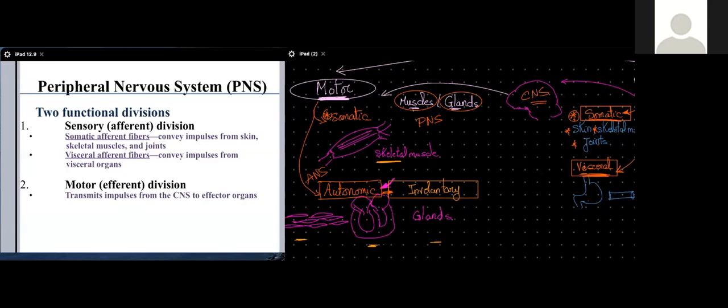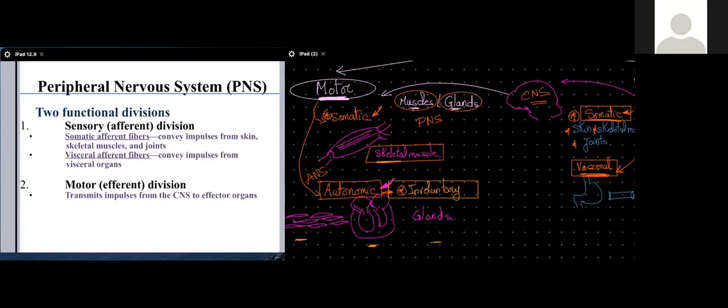If I'm sending out the signals to skeletal muscles, as I have control on the skeletal muscles, they are under voluntary control. So the part of the nervous system here is what we're going to classify as somatic motor nervous system. For all the rest of the muscles and glands, you don't have any control on them, so they are under involuntary control.